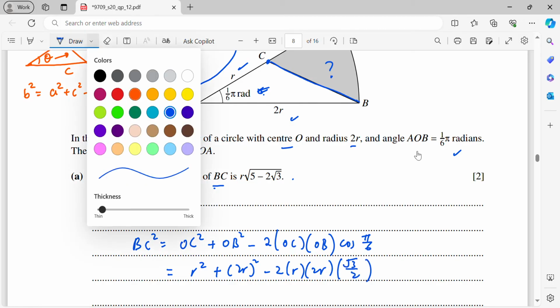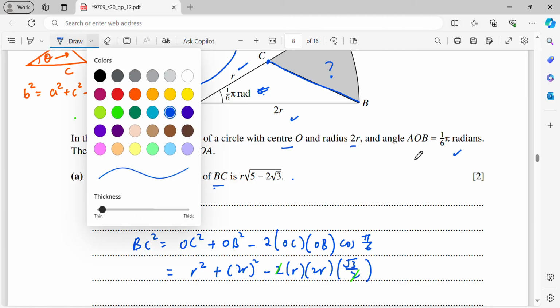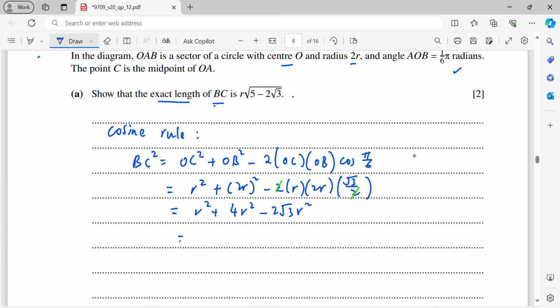So from here, I can cancel off the 2. So then here will be R squared plus 4R squared, then minus 2 square root 3 R squared. And now, R squared plus 4R squared is 5R squared minus 2 square root 3R squared.